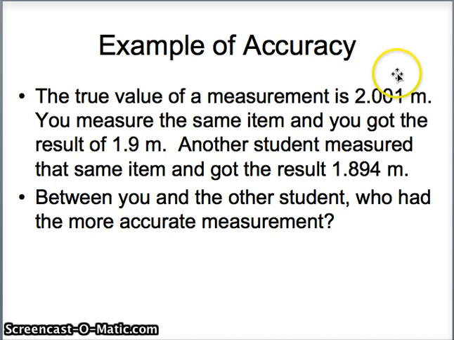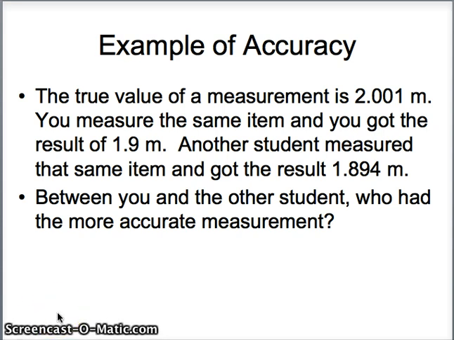So here's an example of accuracy. If the true value of a particular measurement is 2.001 meters, and you measure the same item as 1.9 meters, and another student measured the same item and got 1.894 meters. Between you and the other student, who had the more accurate measurement? It might be a good time for you to pause, think about it, and see what you can come up with.